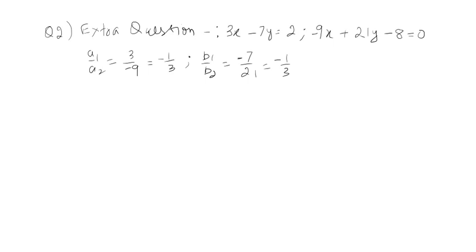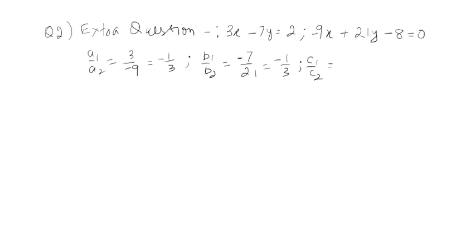So that means I need to do the c1 upon c2. Okay. c1 upon c2 is, if you see, I have deliberately taken this 2, which is a constant, on the right side of equation and this on the left side. So either you take this one to this side, or you take this one to this side. They have to be on the same side.